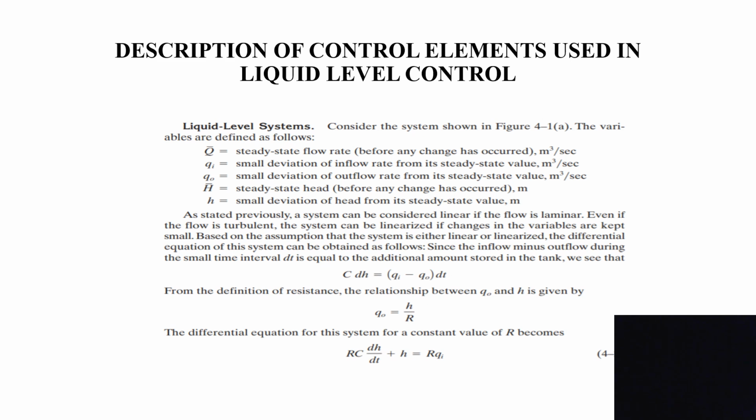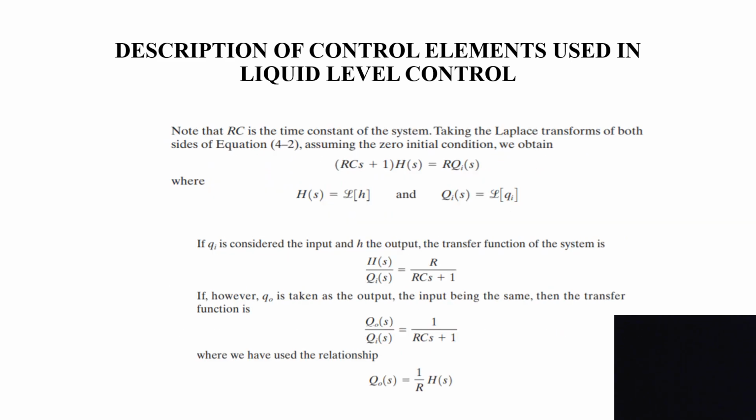Once you simplify the equation, in order to arrive at the mathematical model, in the sense the transfer function of the level control system, we take the Laplace transform on both sides. You will get RC into s plus 1 into h of s is equal to R into Qi of s.